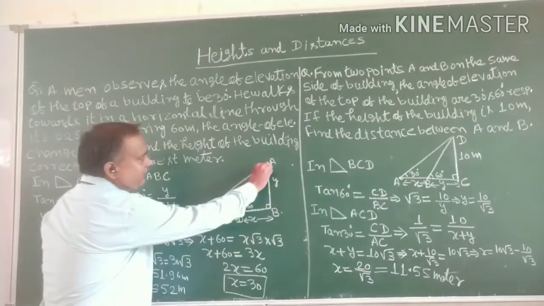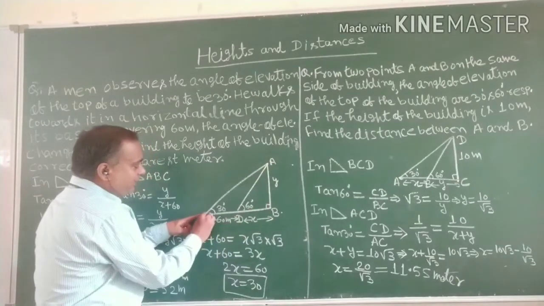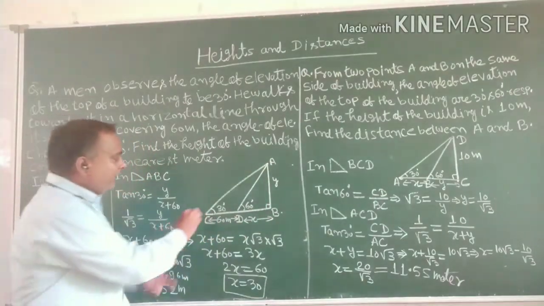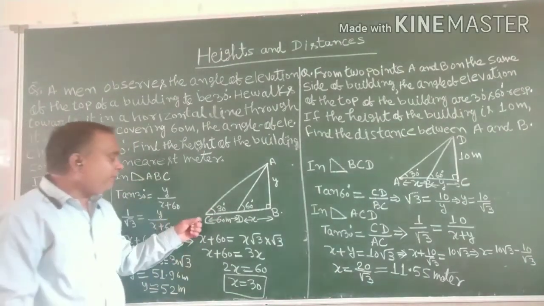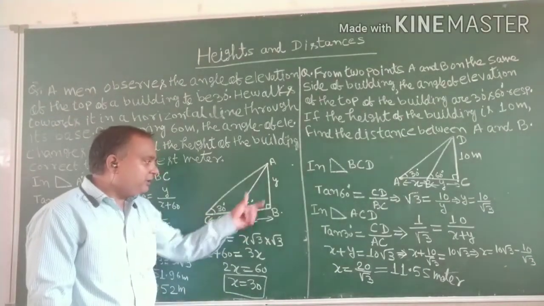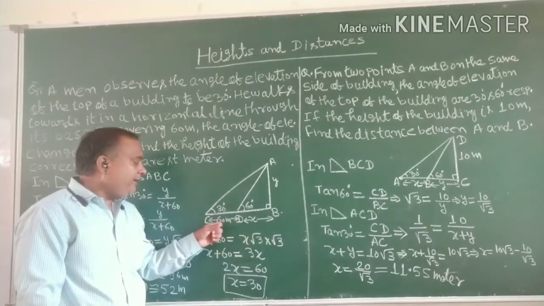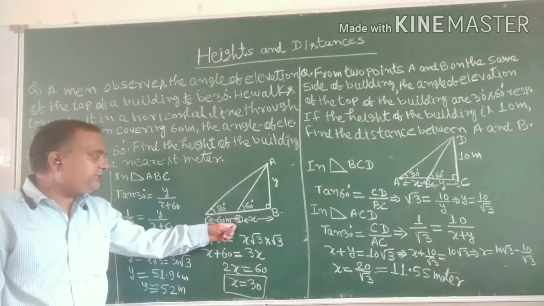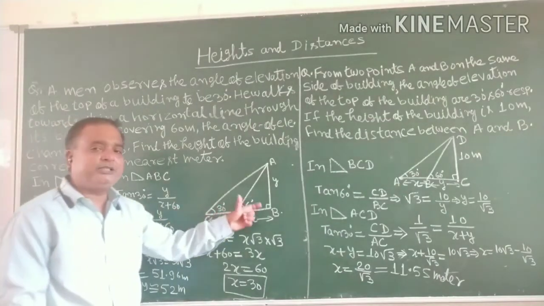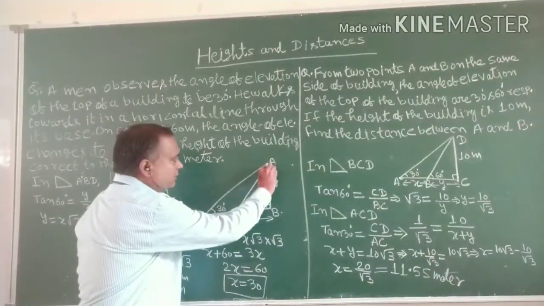So let AB be the height, C the initial position of the man, and at that time the angle of elevation is 30 degree. When the man walked towards the tower, when he covered the distance 60 meter, the angle of elevation changed from 30 degree to 60 degree. So the diagram will look like that.